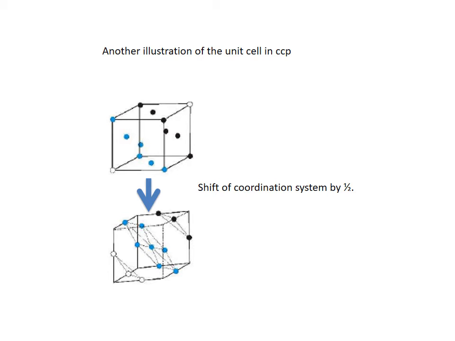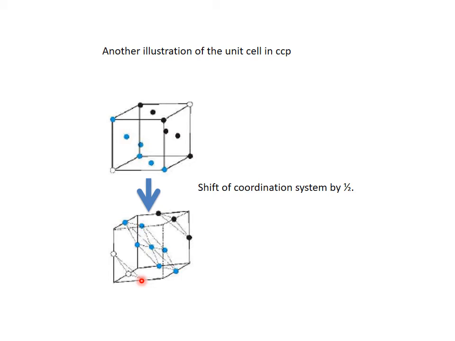Here's another illustration of the cubic closed packed structure where you can see the layers more clearly. This is the view of the unit cell that we have just looked at. Now we can shift the coordinate system by a half, for instance by half in this direction. Then this white atom would now be in this position.